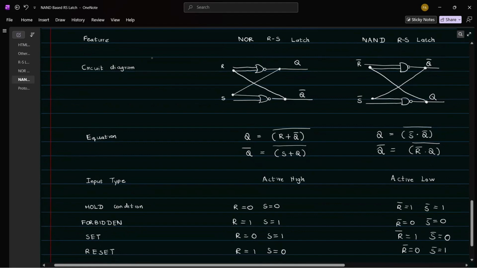This is the summary that you need from these three videos. And the logic gate series finally comes to an end, and we have gone through so many courseworks and so many examples. I might put a video on questions based on the NOR and NAND based RS latch. It will be a special video.